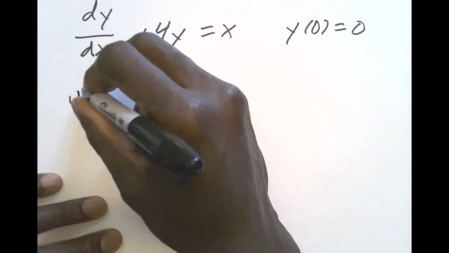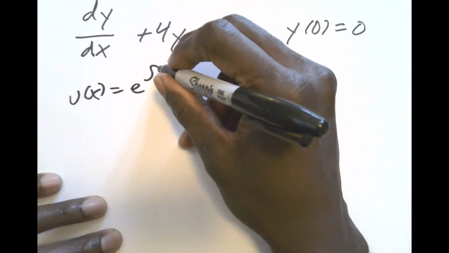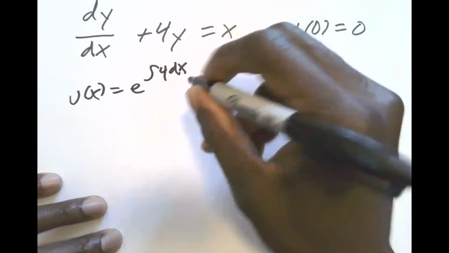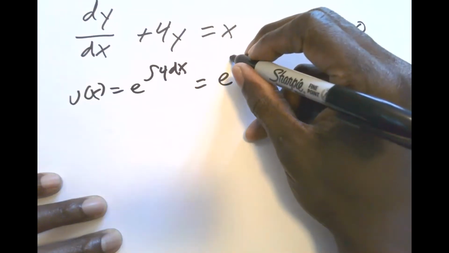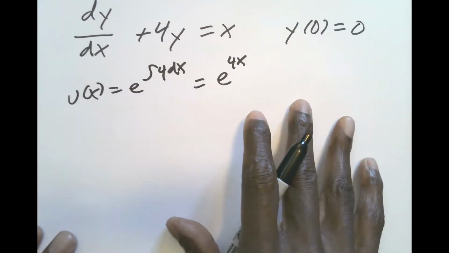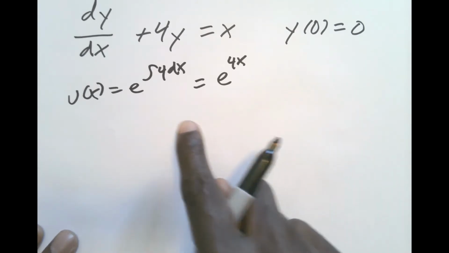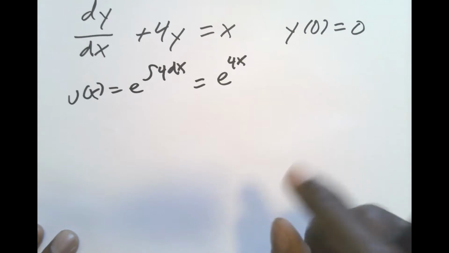All right. The first thing we want to do is define and find our integrating factor. So our u of x here would be e to the power of the integral of 4 dx, which is just e to the power of 4x. Once we get the integrating factor, we multiply everything by it.